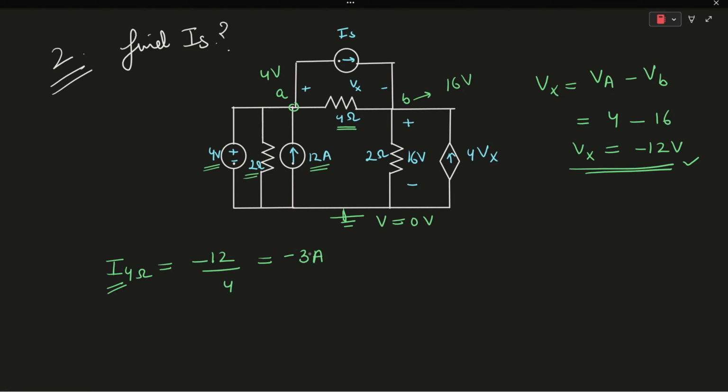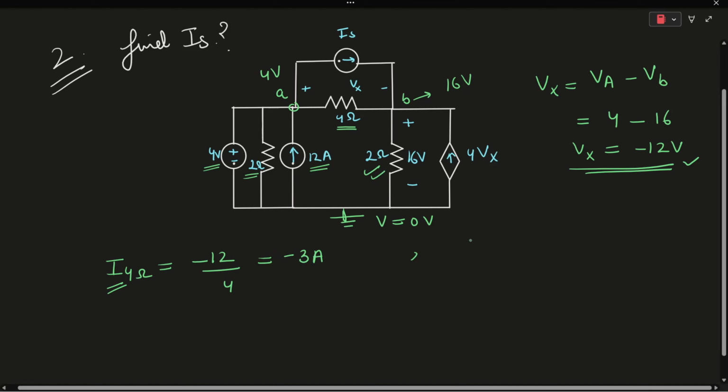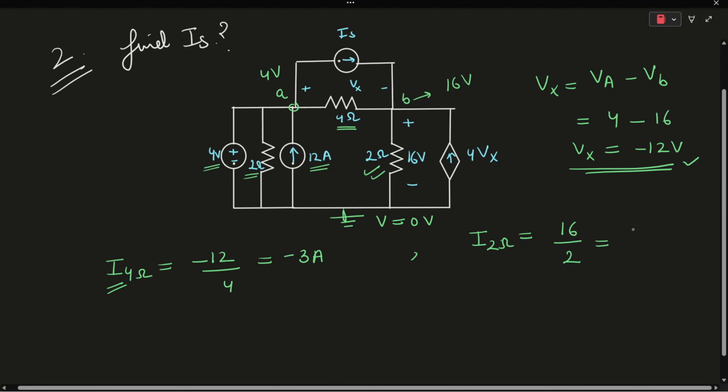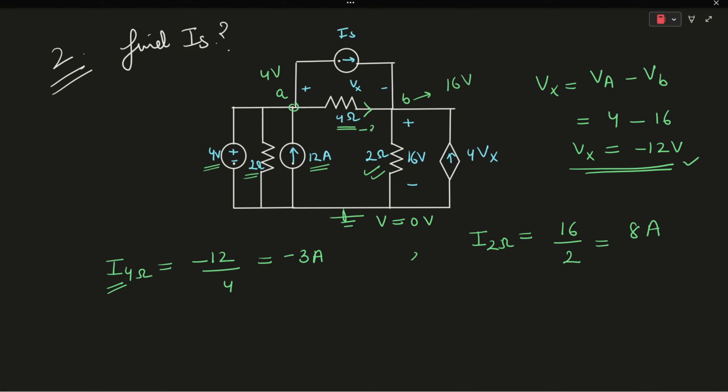Similarly, for the 2 ohm resistor, the current will be equal to 16 divided by 2, which is equal to 8 amperes. The current always flows from the positive terminal towards the negative terminal. So this will be the direction of minus 3 ampere, and this will be the direction of the current flowing through the 2 ohm resistor, which is 8 amperes.